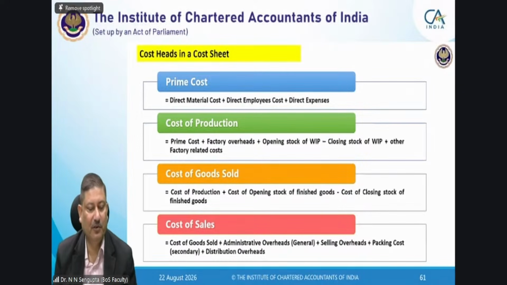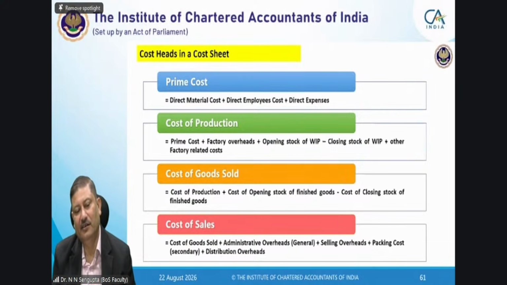What is prime cost? Direct material, direct employee cost plus direct expenses. Then take that prime cost plus factory overhead plus opening stock of WIP minus closing stock of WIP plus other factory related cost.